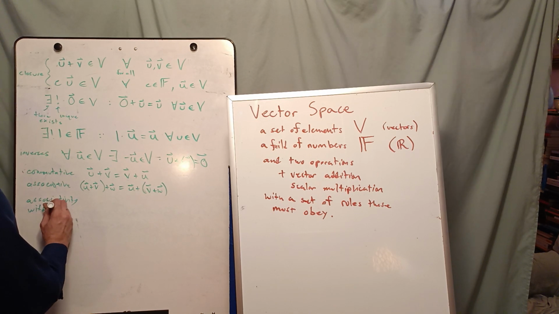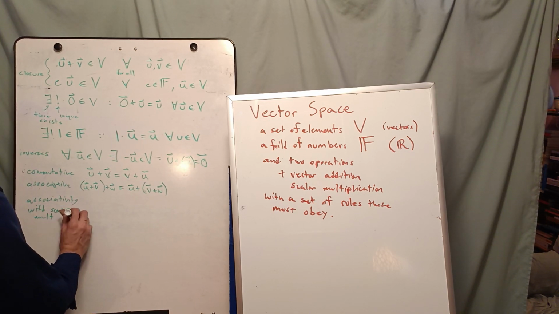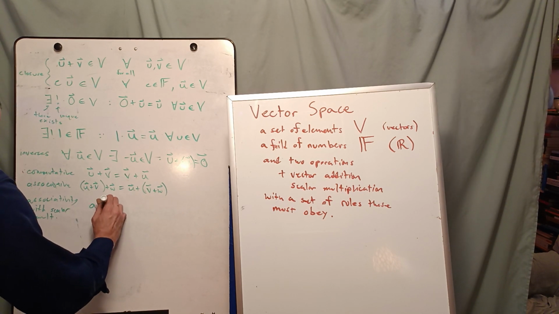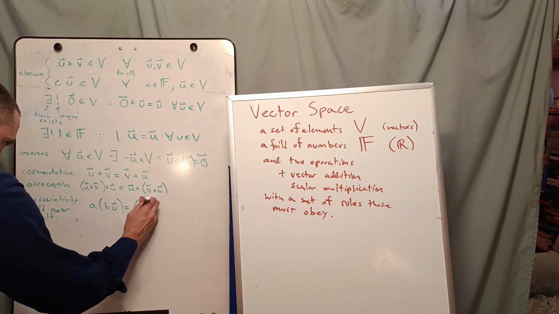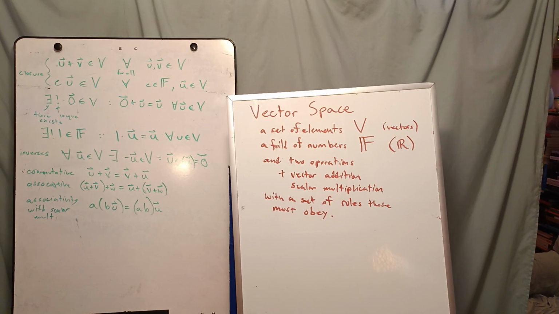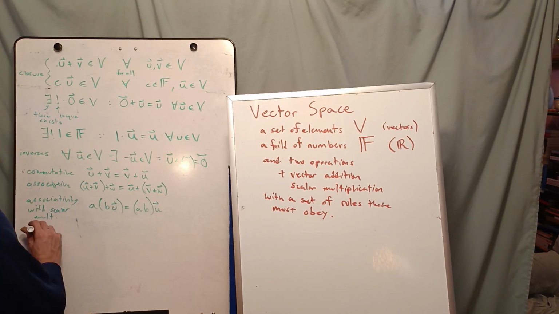We have to have associativity with scalar multiplication, in the sense that if I have A times B times u, this needs to be the same as A times B, then times u. And finally, we have two distributive properties.